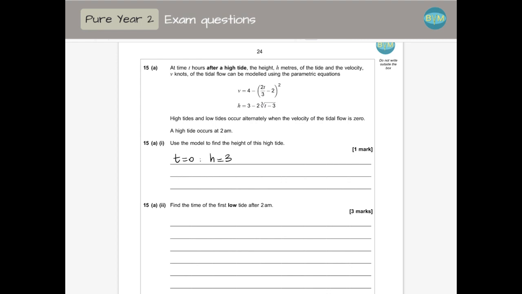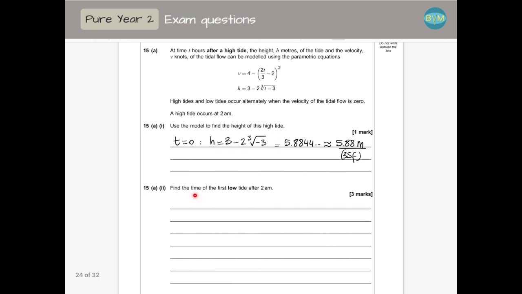So when t is 0, h is 3 minus 2 root cubed of 0 minus 3 minus 3, and this is going to be 5.8844 something. They don't say anything, so I'm going to round: 5.88 meters to 3 significant figures. So that's the first part.